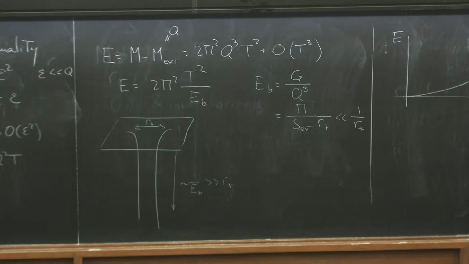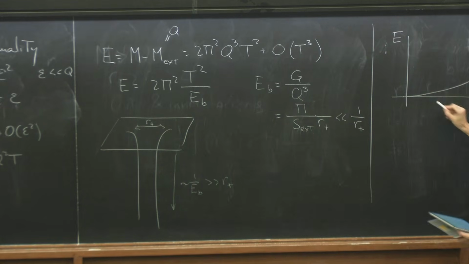So a black hole that's in this regime will have some temperature, and then Hawking would tell you that this black hole will emit radiation with a thermal spectrum given by the temperature T that we had.